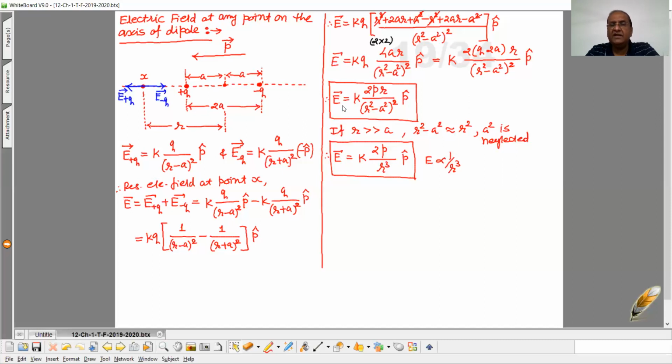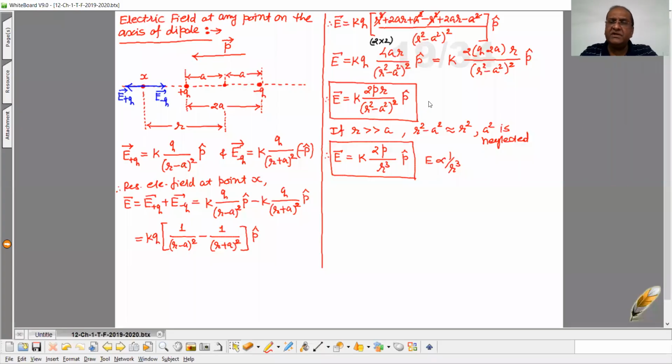So we can write electric field E equal to K 2PR upon (R square minus A square) whole square into P caret. Now, this one is the equation for the electric field at any point on the axis of the dipole.